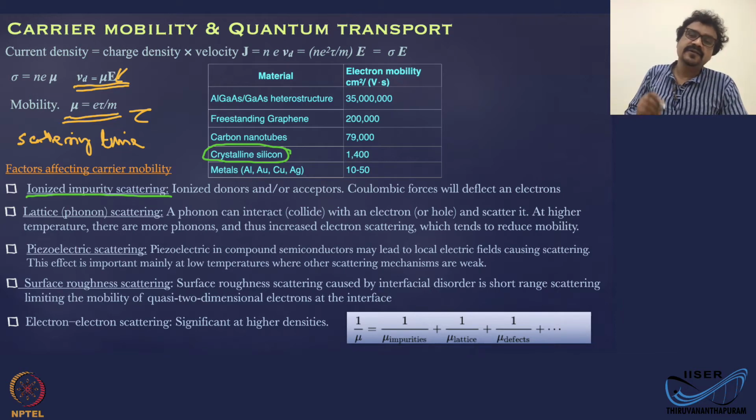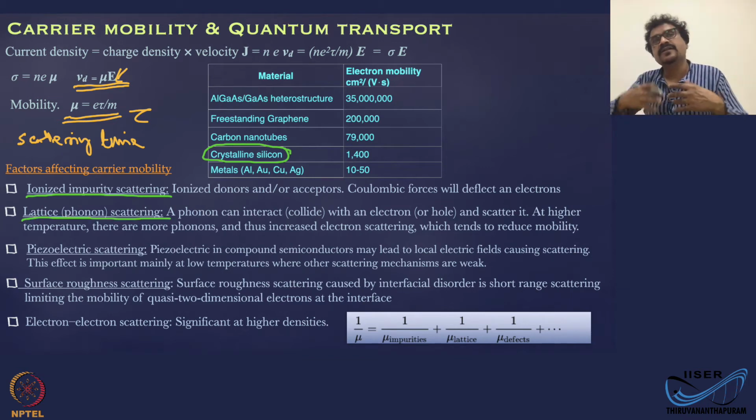Another major contributor to scattering is phonon scattering. Phonons are kind of virtual particles, the quanta of lattice vibration. They can collide with, or impart or take momentum from, the charge carriers such as electrons or holes and scatter them.